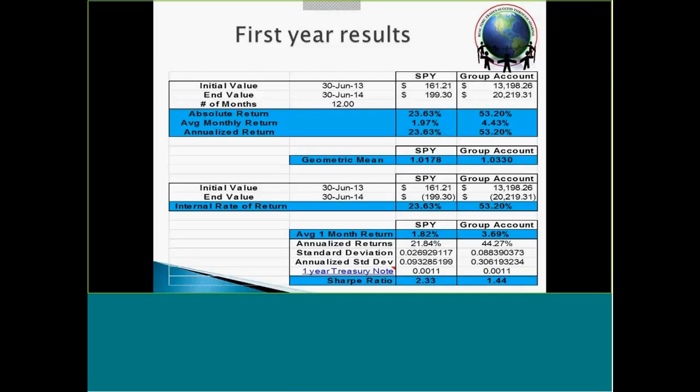The one that's interesting though, and this is where the psychology aspect comes into play, is our Sharpe ratio. Now, a Sharpe ratio, John showed this in one of the charts that he was talking about a little bit earlier. What a Sharpe ratio does is it takes a look at what your returns are and adjusts them for risk. So if your Sharpe ratio is higher than your benchmark, that means you're getting the returns you're getting at a lower rate of risk.